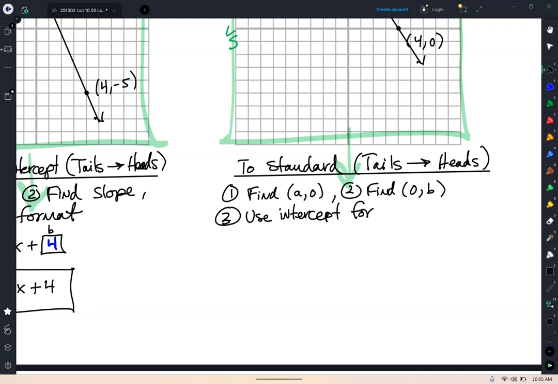This is not slope intercept form. This is intercept form, or the intercept formula. And we're going to simplify to standard form rules. We'll talk about what those are in a second.